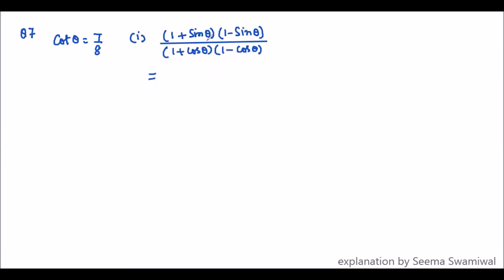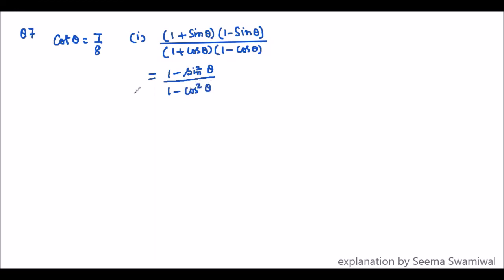Applying the identity (a plus b) multiplied by (a minus b) in the other bracket, I am able to write this as 1 minus sine square theta. And in the denominator, if I apply the same identity, I can write 1 minus cos square theta.